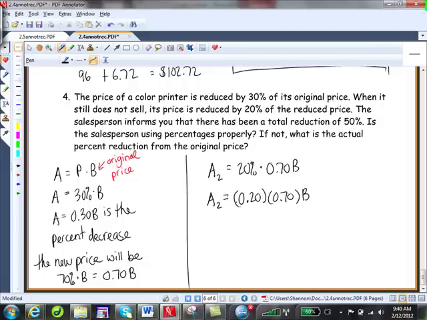If we work that out, this new amount of discount is going to be 0.14 times B.